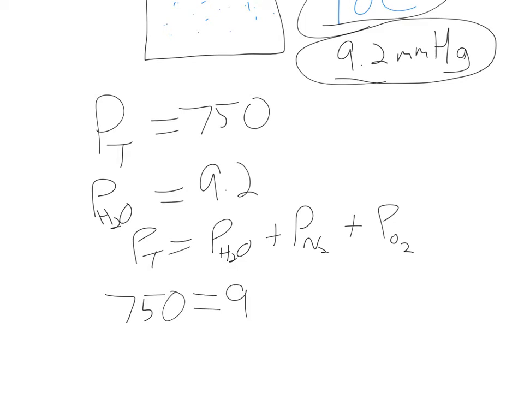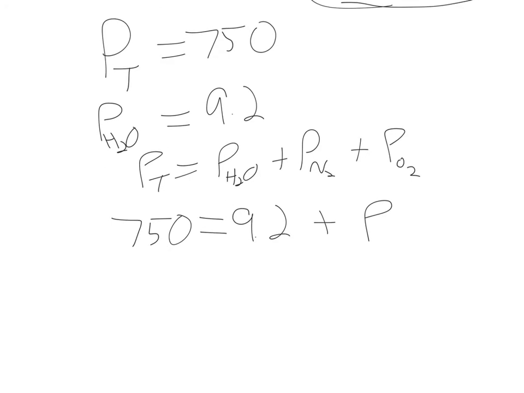That should be equal to 9.2 from the water plus everybody else. So this would be the pressure of the remaining gases. And if I subtract that out, I would get something like 740.8 millimeters of mercury. That's the leftover pressure from the nitrogen, the oxygen, all the things that weren't water.